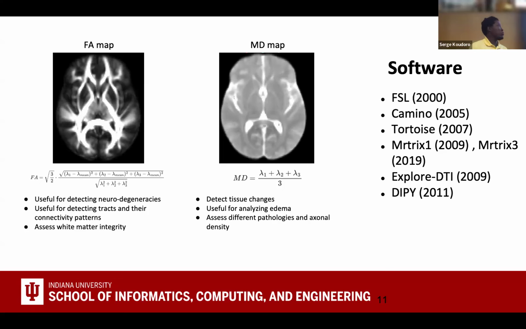But it came out of a frustration: back then in the 2000s, labs were not sharing code. Sometimes you could use FSL or Camino and get a slight difference in DTI, and you couldn't understand why.